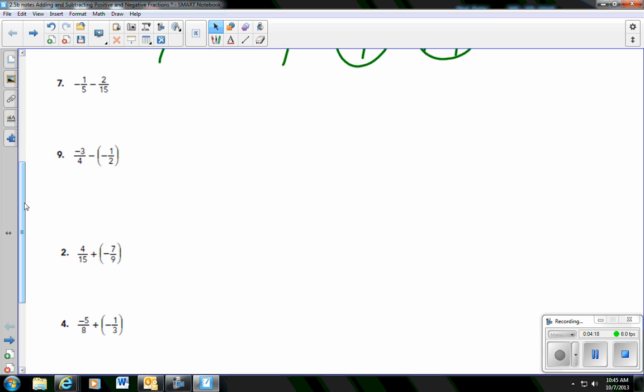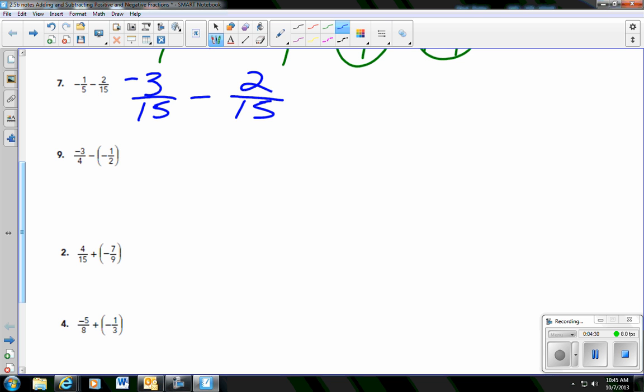Number 7, common denominators would be 15. 5 times 3 is 15, 1 times 3 is 3. Make sure you put the negative with it. Minus, and then 15 times 1 is 15, so 2 times 1 is 2. So again, we have subtraction, so we want to follow the rule of leave change opposite.